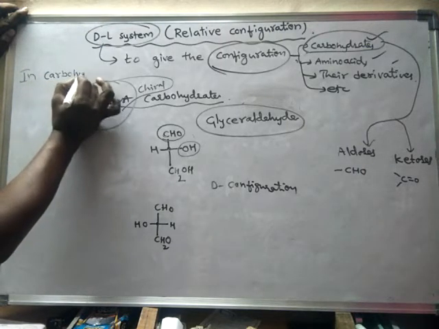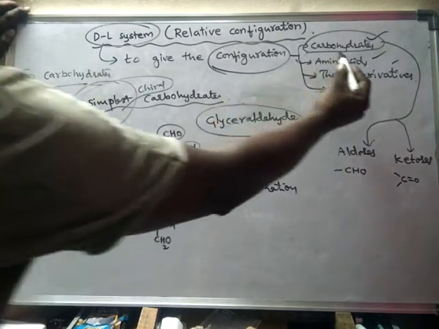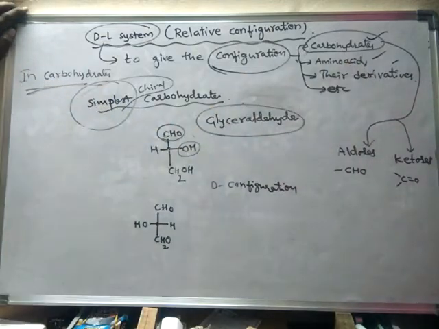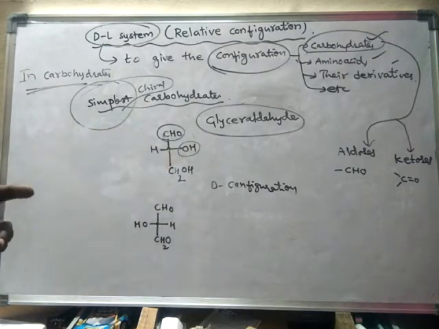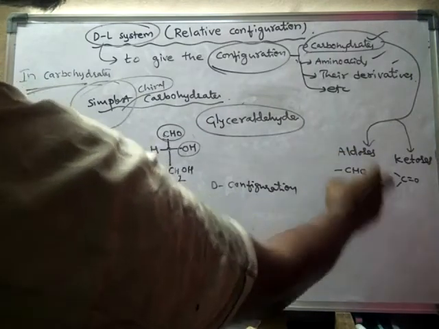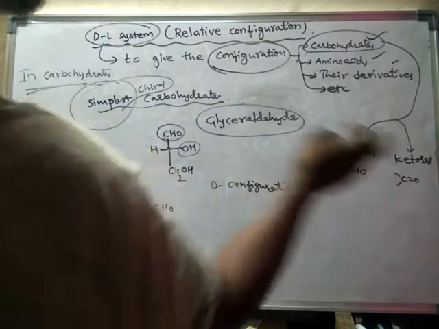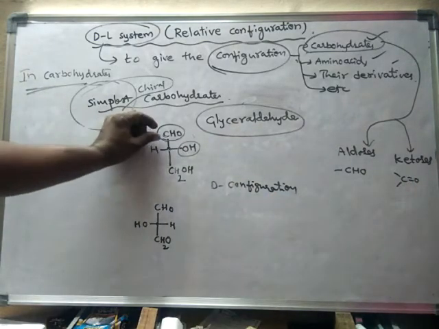First of all we'll discuss carbohydrates, and after that amino acids, and later their derivatives. In carbohydrates, the simplest carbohydrate is glyceraldehyde. Carbohydrates are of two types: aldoses and ketoses. Aldoses contain a CHO group, and ketoses contain a ketone group.